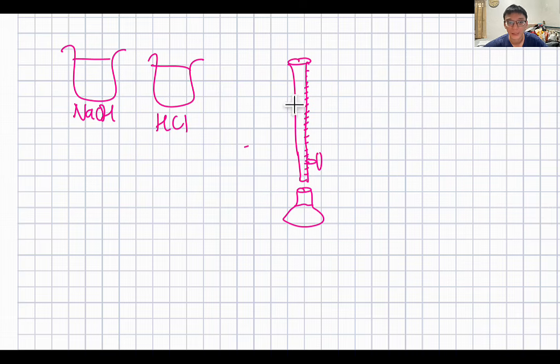The base can be here and the acid can be here, or it can be the other way around, but it's okay. Both of them work. This is called a burette. It has a valve, and the valve can be opened so that the solution can drip down and react with whatever is in the Erlenmeyer flask.